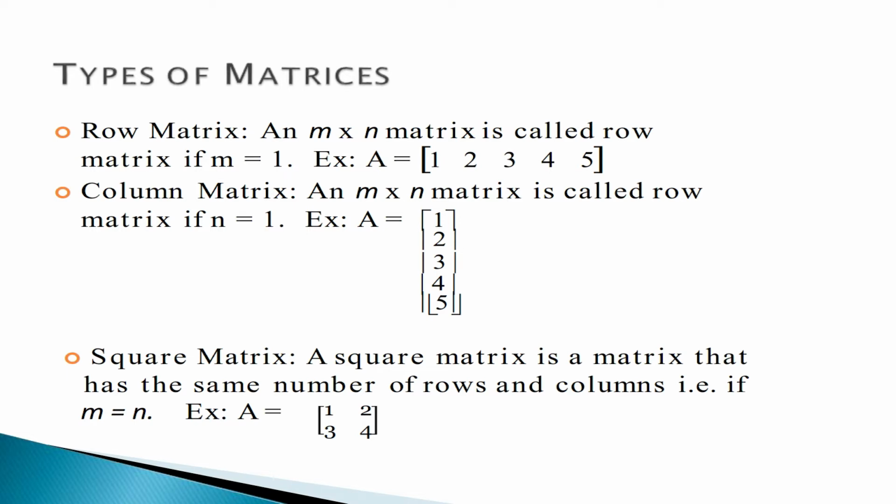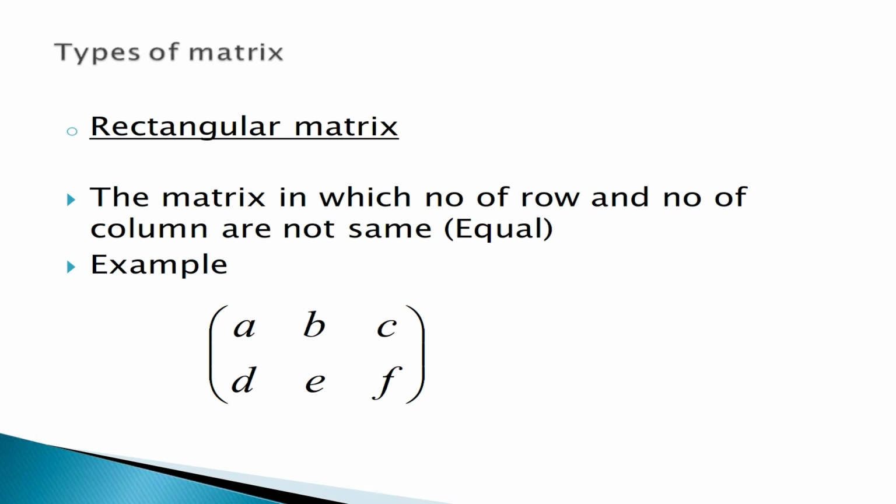Next is, what is a square matrix? If the number of rows is equal to the number of columns, then it is said to be a square matrix. Here is the example 1, 2, 3, 4, that is a square matrix. Next is rectangular matrix. A matrix is said to be rectangular if the number of rows and the number of columns are unequal.